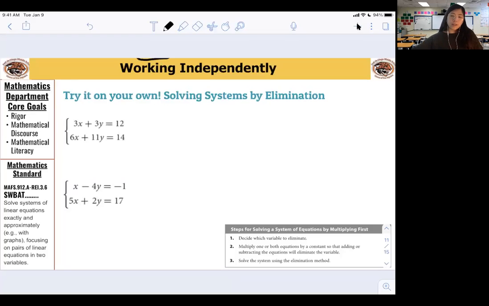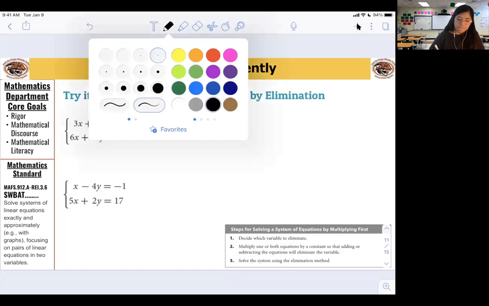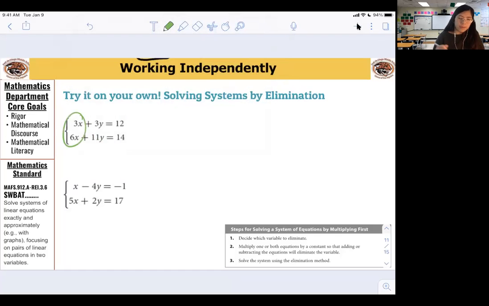All right, so example number 1. In example number 1, which variables should I try to eliminate? The x's or the y's? The x's. Yeah, because I can turn that 3 into a -6, which is what I want. Remember, we want opposites.